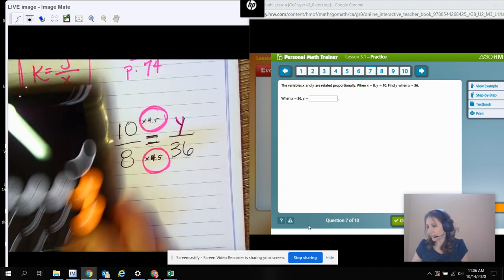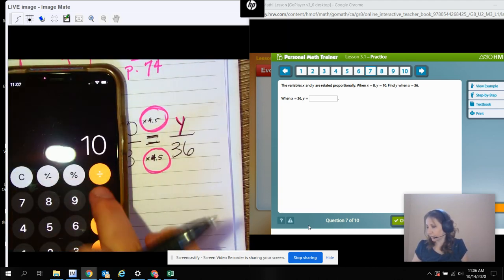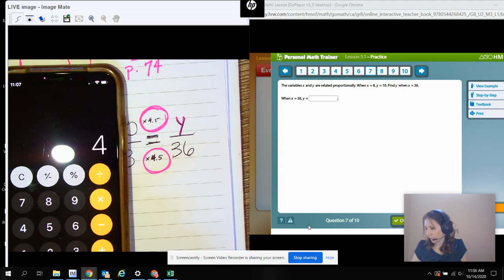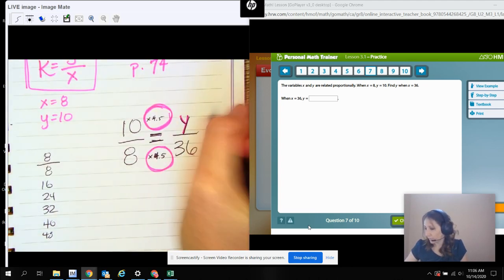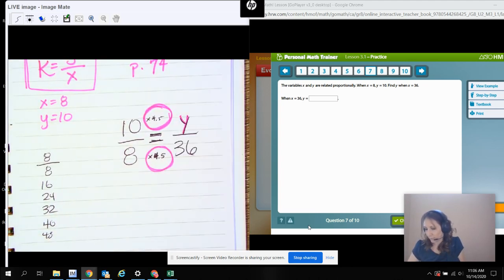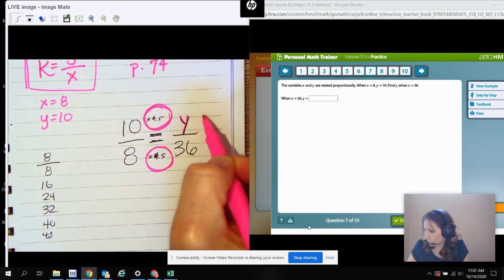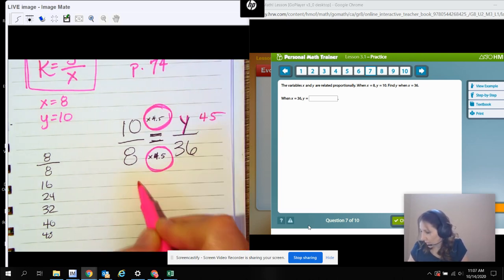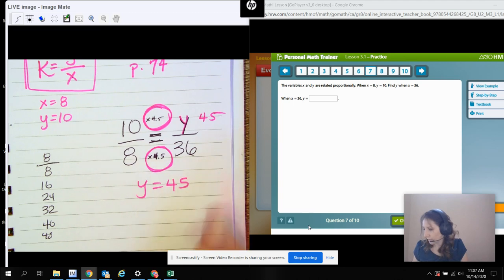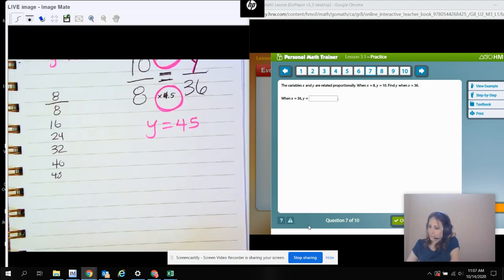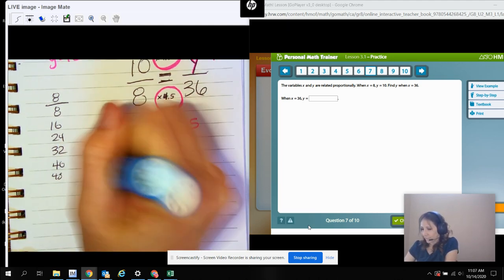Well, you can just wiggle the decimal once, or you can pop over your handy calculator. 10 times 4.5 is 45. So my new value is 45. So Y equals 45.